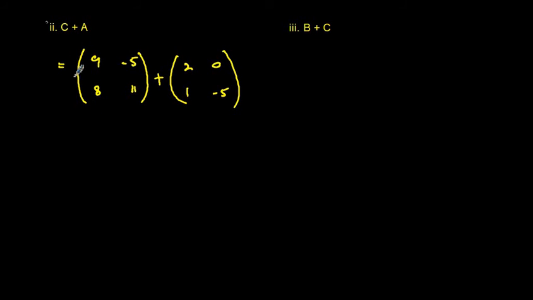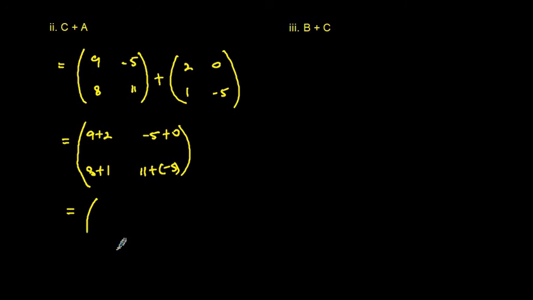Remember, we're adding corresponding elements. So this would be 9 plus 2, minus 5 plus 0, 8 plus 1, and 11 plus minus 5. Let's put the minus 5 in a bracket. We're going to break that down.